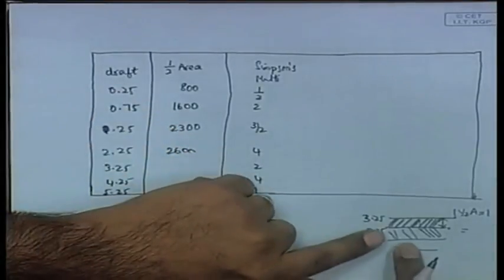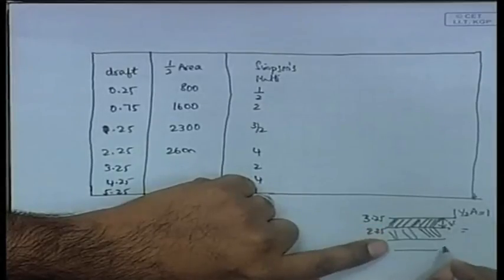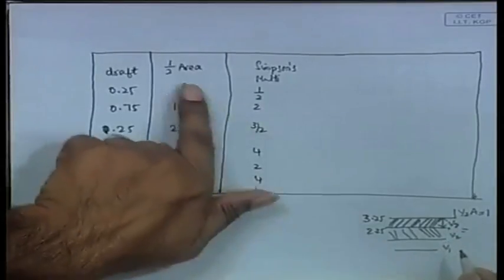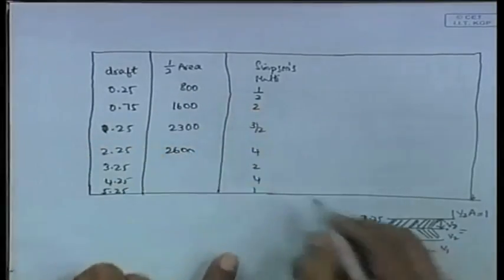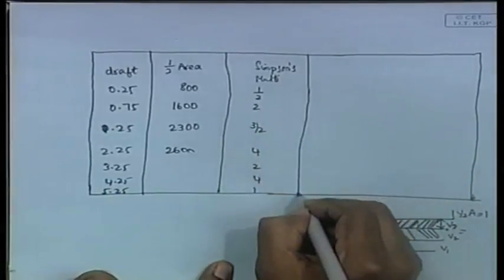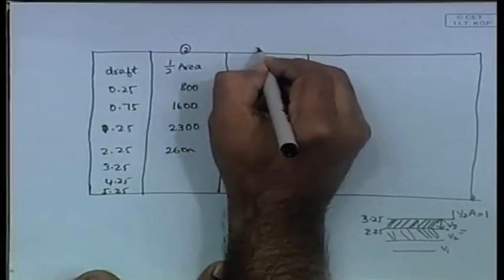Now the volumes that we are finding are like this. Let's call them V1, V2, V3. So the volumes are clear: what volume you are calculating and how it is coming because of this multiplication. So let's call this 2, this is 3.